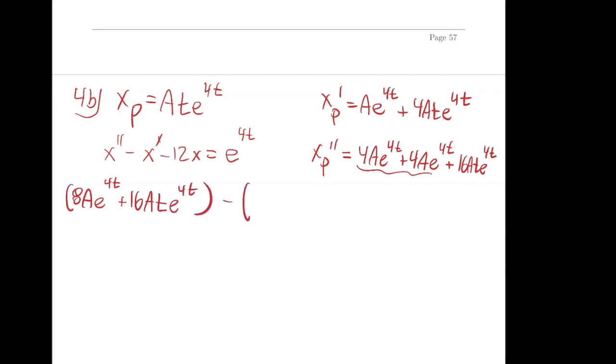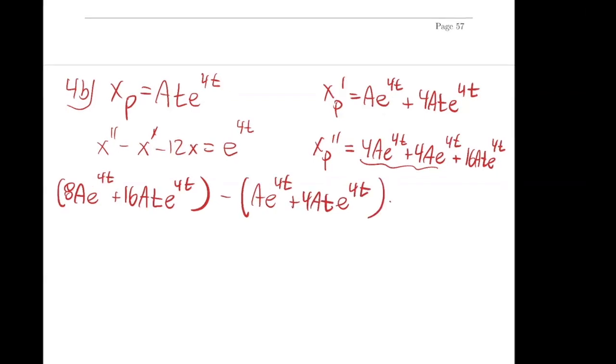And then we have the derivative, which was a e to the 4t plus 4at e to the 4t. And then we have minus 12x, which would be minus 12at e to the 4t. So that's what we would get plugging in our derivatives.